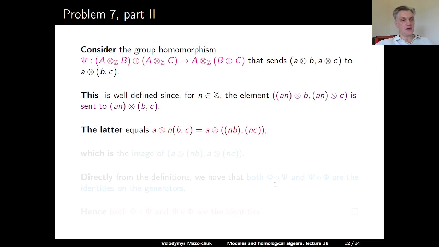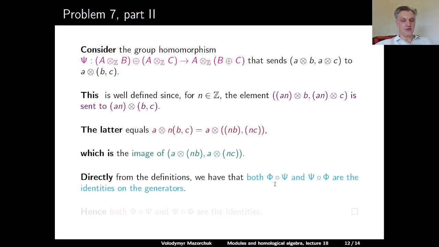And now n times (B, C) is equal to (nB, nC), because this is how the operation is defined in the direct sum of two groups. So we get the element a tensor the pair (nB, nC). And this is exactly the image of the element (a tensor nB, a tensor nC) in our domain of the homomorphism psi. So this shows that psi is well defined.